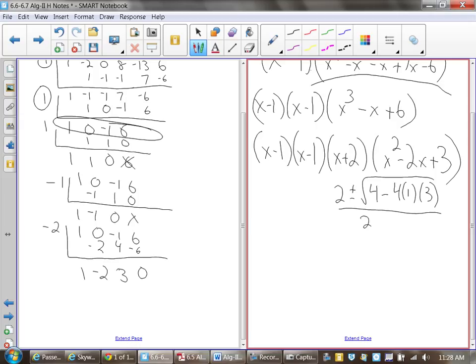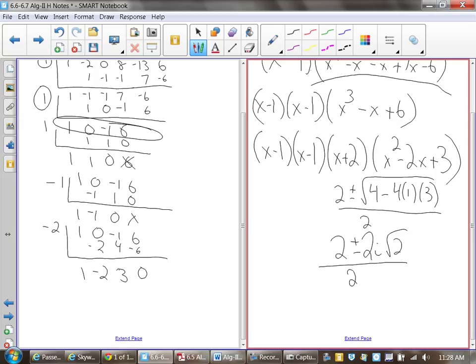But it broke it down to where you got to the point of being able to get there. 4 minus 12 is how much? Negative 8. What's the square root of negative 8? 2i root 2. So right now we have 2 plus or minus 2i root 2 over 2.